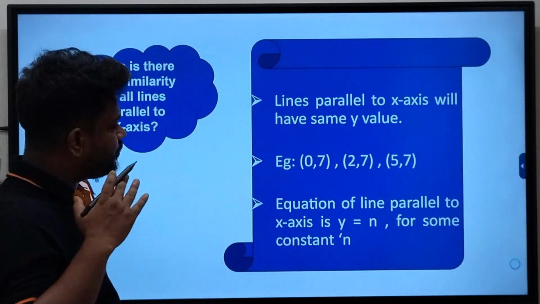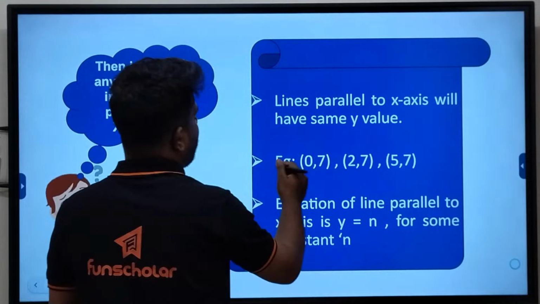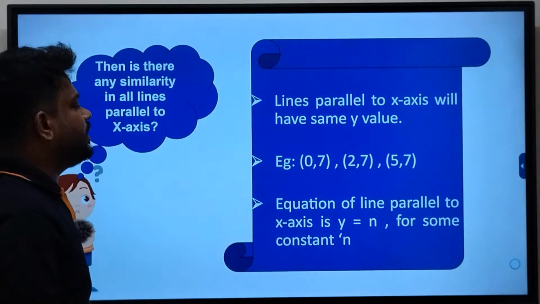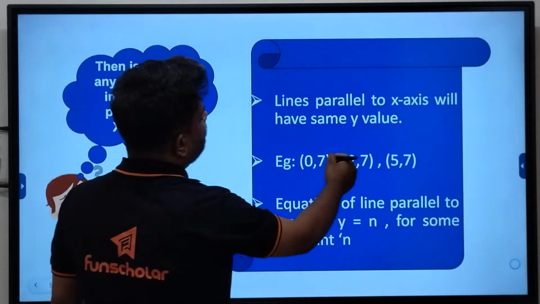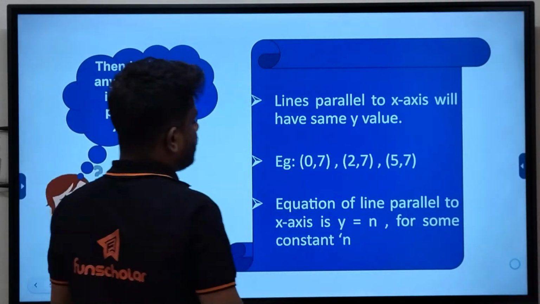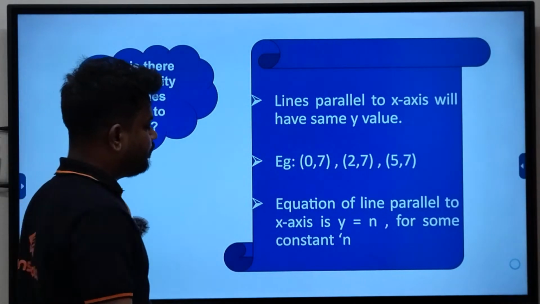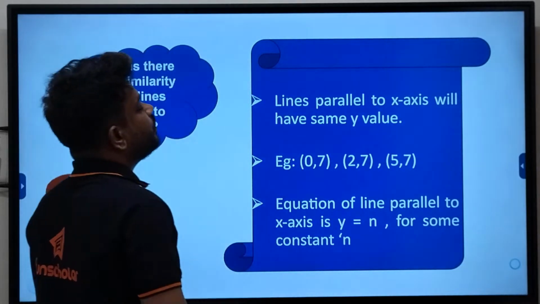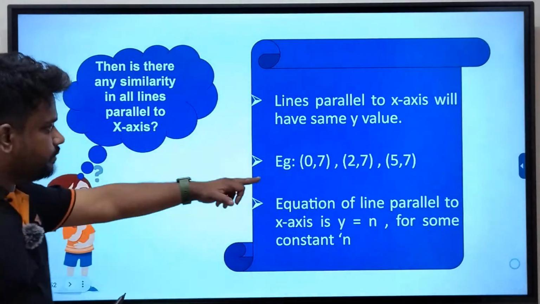Take these three points: 0, 7, 2, 7 and 5, 7. All three points have the same y part, that is 7. So the equation of a line parallel to the x axis is y equals n for some constant n. It will be a constant, and here the constant is 7.